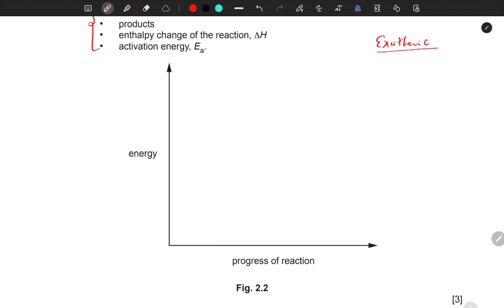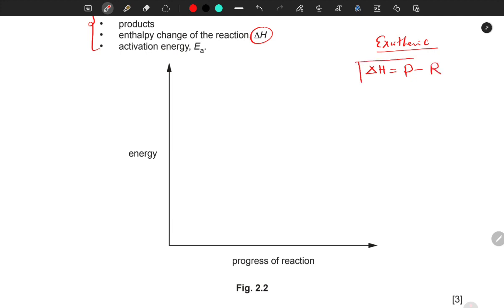For an exothermic reaction, we are saying the reactants are at a higher energy level. Remember that this value here, delta H, is just equal to the energy of the products minus the energy of the reactants.